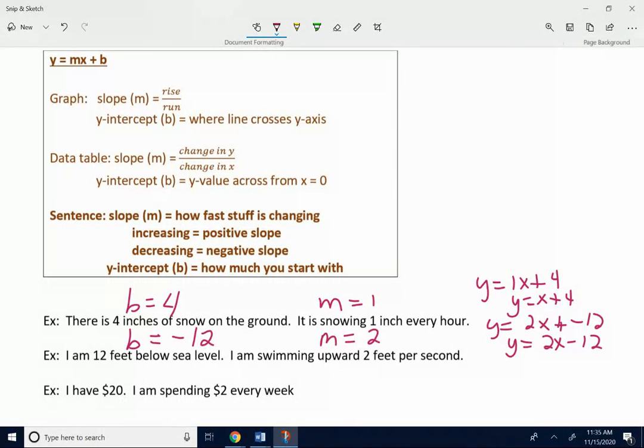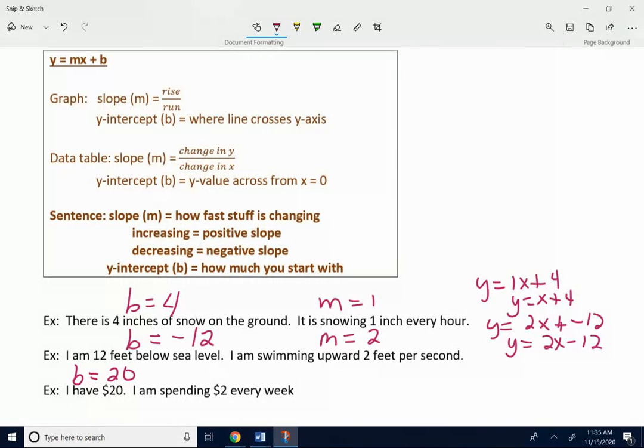The last one: I have $20. I am spending $2 every week. So the initial amount of money you have would be b. You're starting out with $20. And from that $20, you're spending $2 every week.